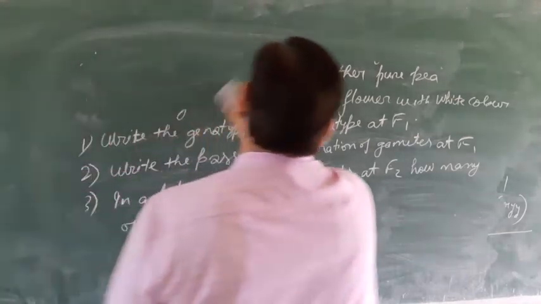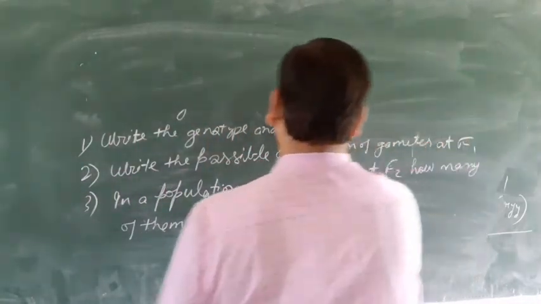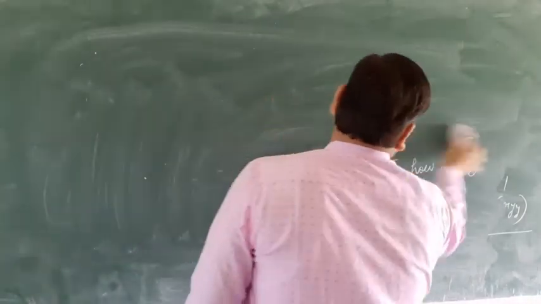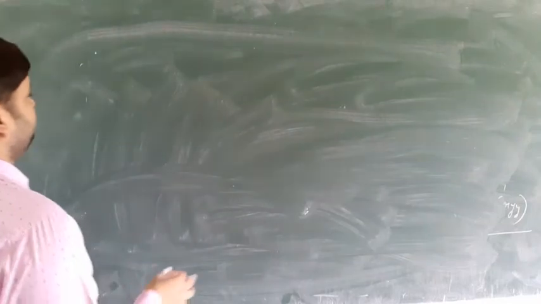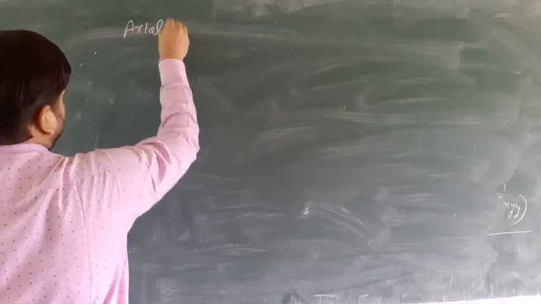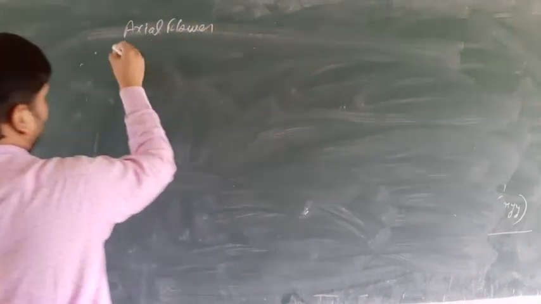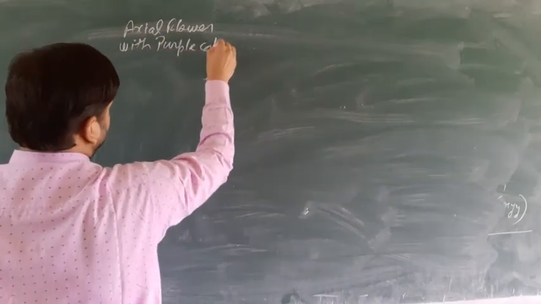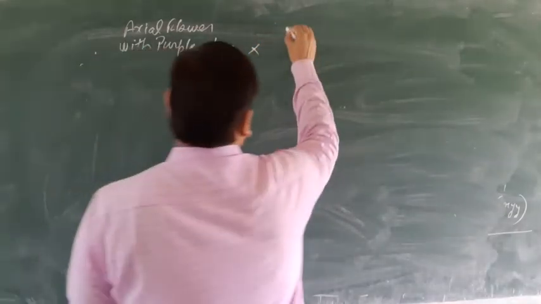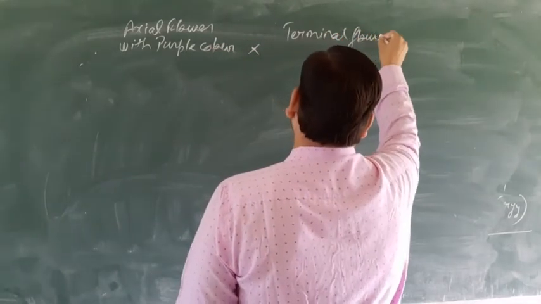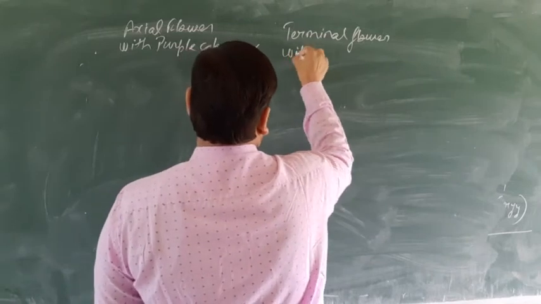So we'll follow the methods. What is the genotype? Here it is given axial flower with purple color. It is crossed with terminal flower with white color.